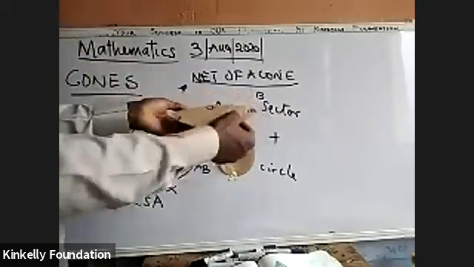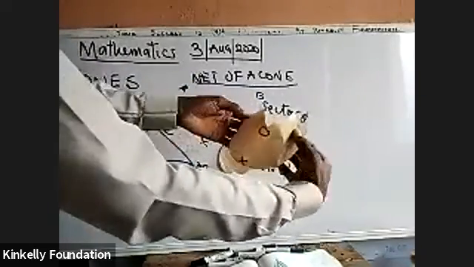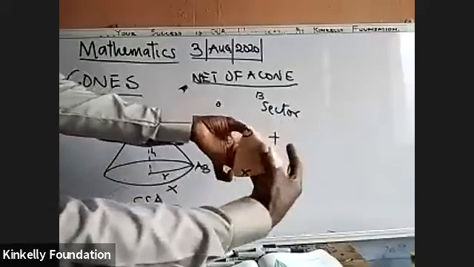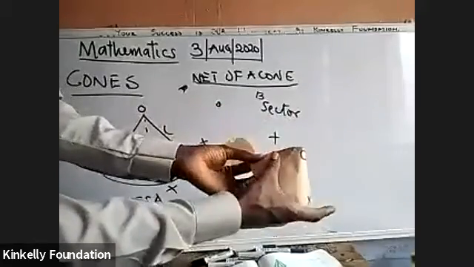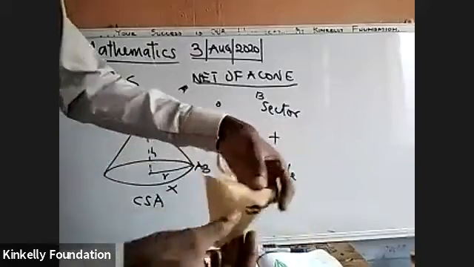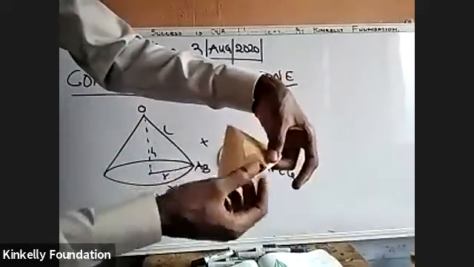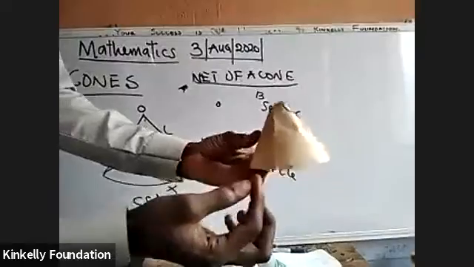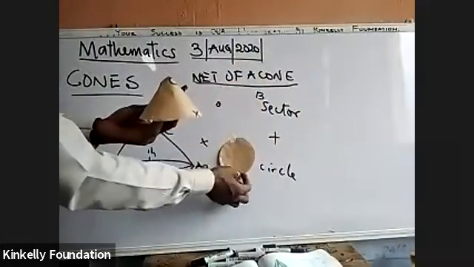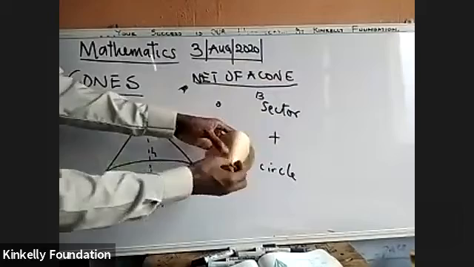That's what I showed you before. Look at it now. When you meet them together, A and B will meet together. Our X will form the circular base, where you now have this one attached to it.